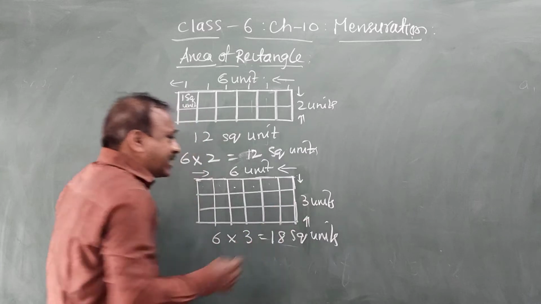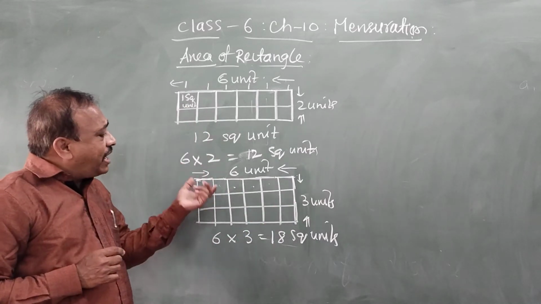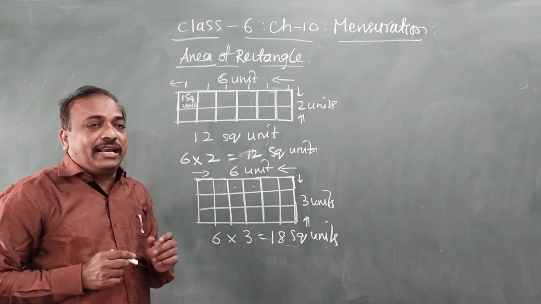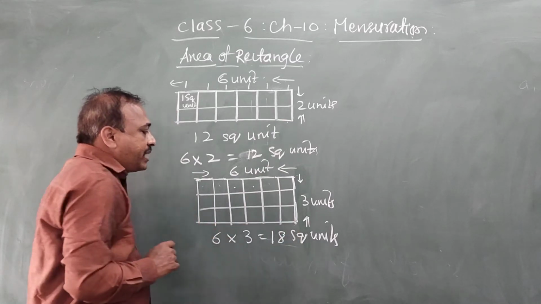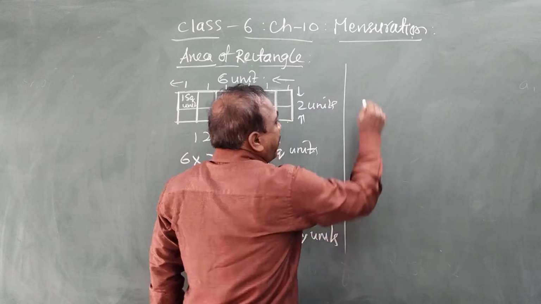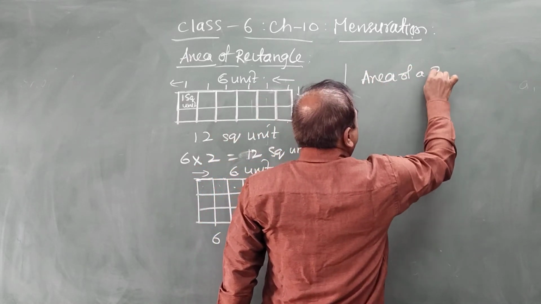So from this, what can we conclude? To find the area, these are all rectangular shapes. To find the area of a rectangle, we consider this the length and this the breadth.